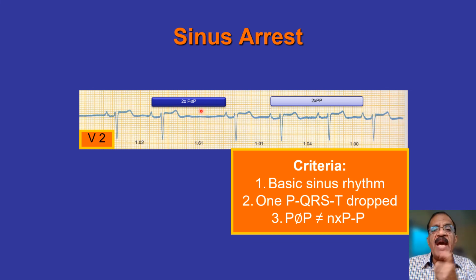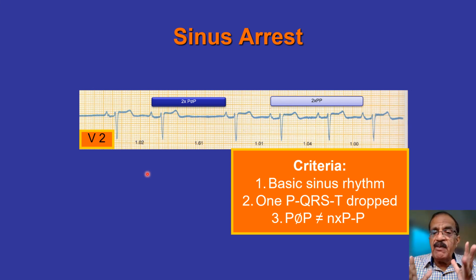It could resume anytime. So it did resume, and it resumed before the next P was expected. So that is why this 2 P naught P is less than 2 PP. So this is sinus arrest.